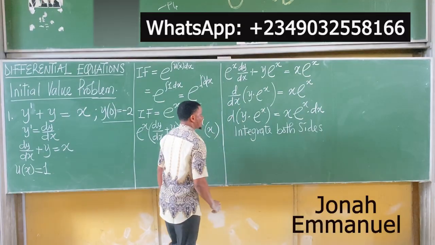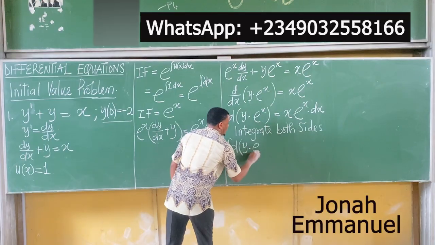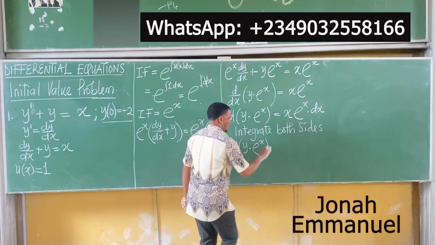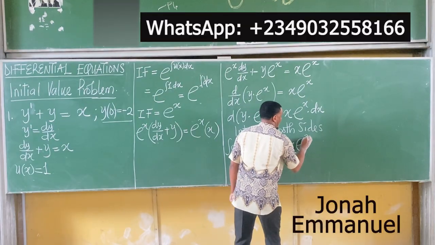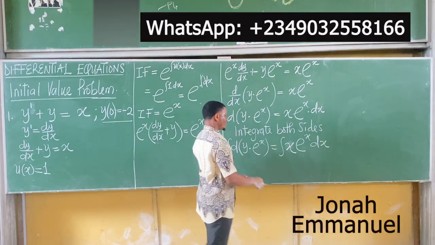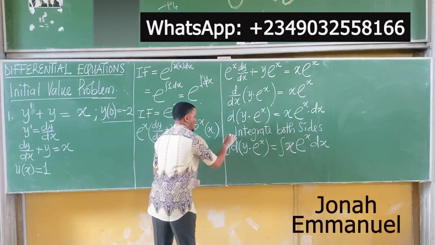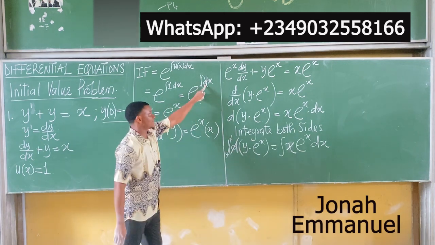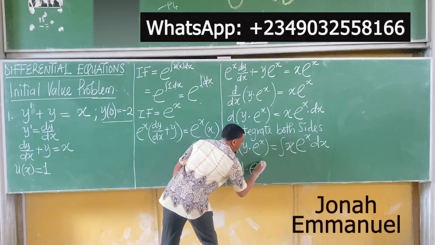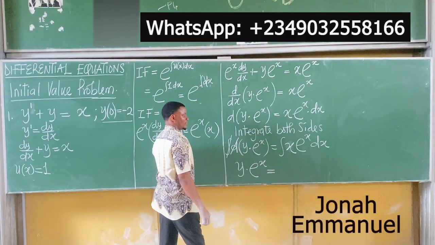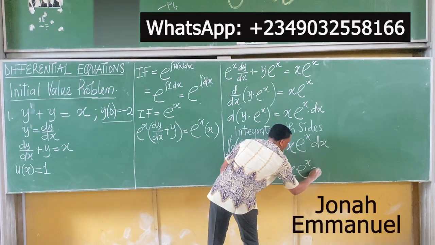If I integrate both sides, this gives the integral of d of y exponential x equal to the integral of x exponential x dx. The simple concept here is that the integral cancels the differential, leaving y exponential x equal to the integral of x exponential x dx.